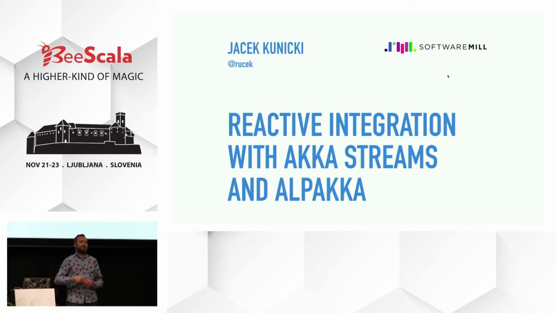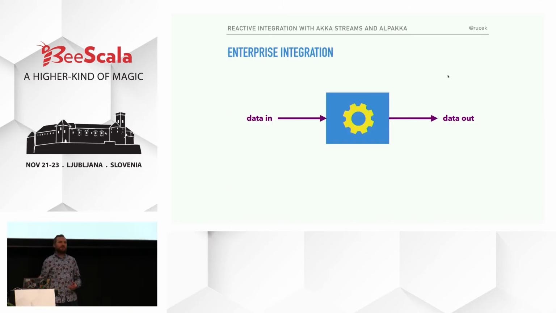Today I'll be talking about some modern approach to system integration. When you think of system integration from a bird's eye view, it's basically about sending data from one system to another and applying some transformations to that data. So you have system A, you have system B, and you have some box between those systems that does something with this data.